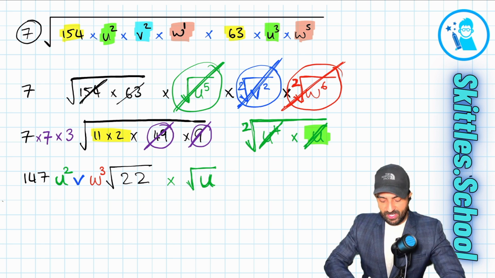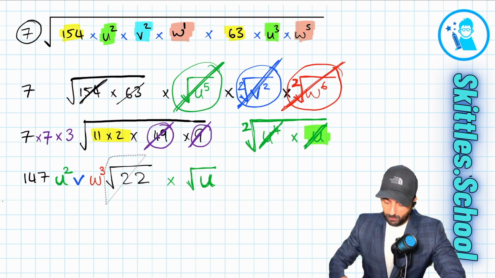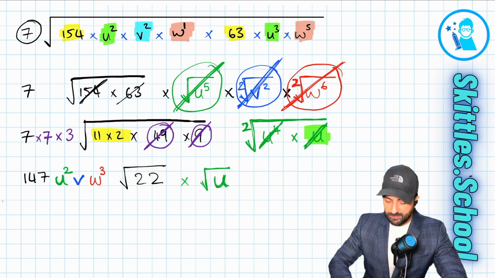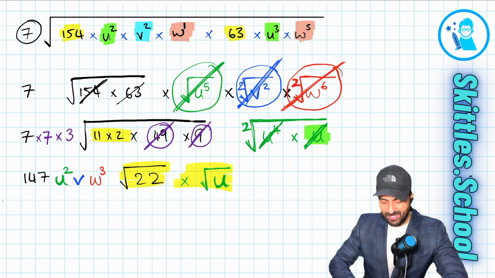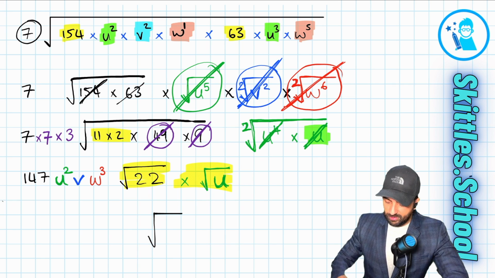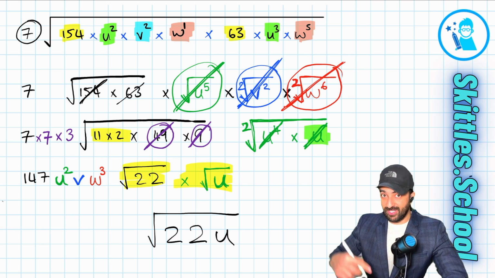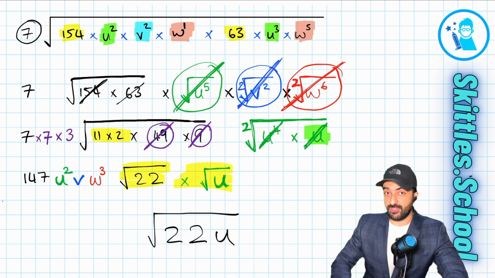So now we're nearly complete. But what we can do is recognize that root 22 times root u is the same as saying the root of 22u. And we still have all those numbers and letters on the outside.